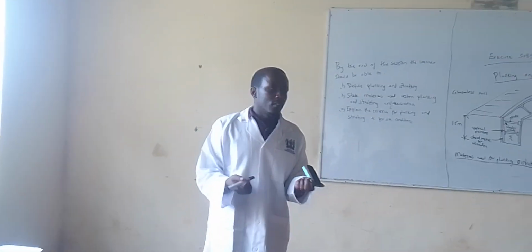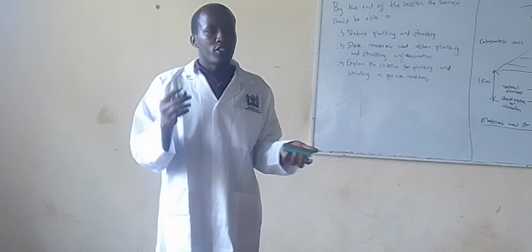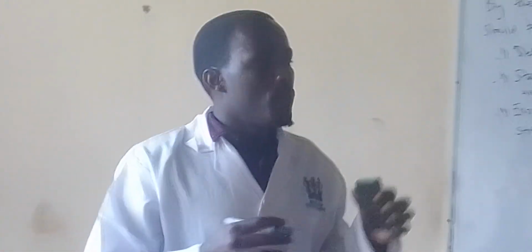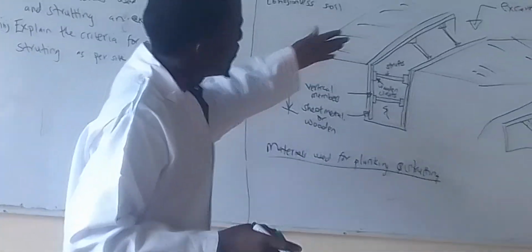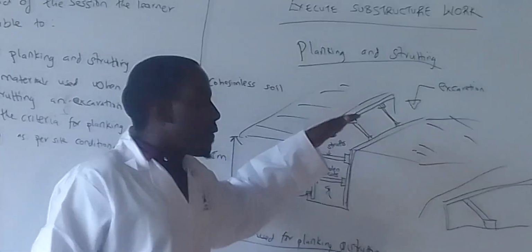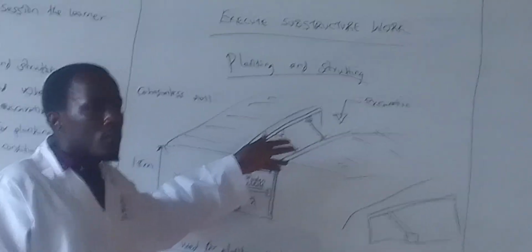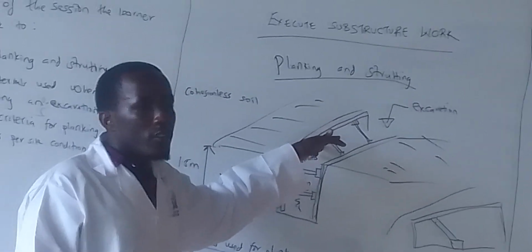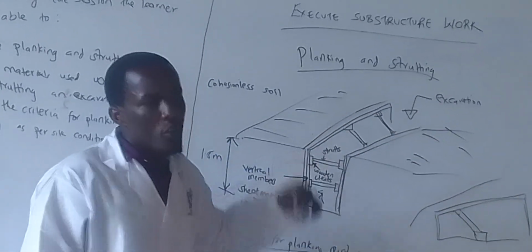An example of them is timber. You can take timber, nail it, join it together, then use it to support the sides of this trench. In the next lesson, we are going to demonstrate this. Also, we're going to do real excavation and also do planking and strutting.